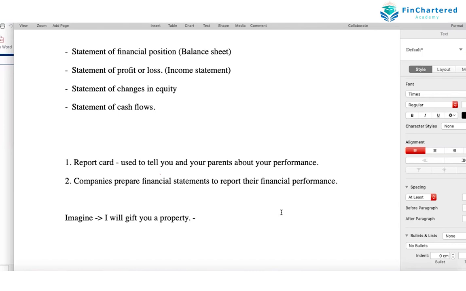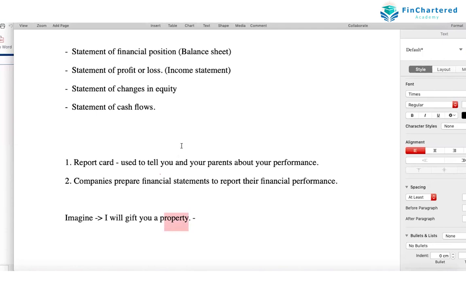Yes, everybody is happy. Why? Because the minute I tell you property, what does it mean? Property is something that makes you happy. Why? Because it gives you future benefits, future economic benefits.